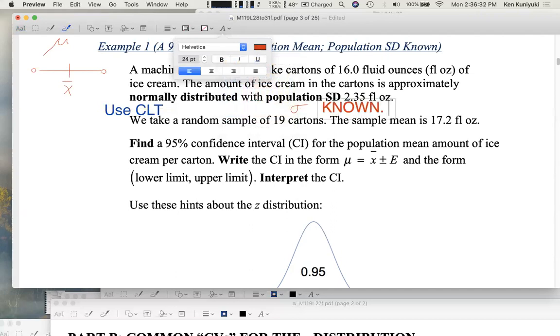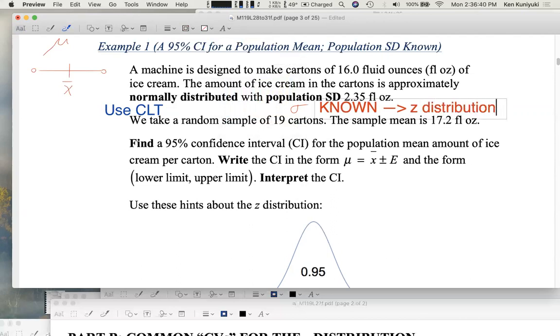Because if sigma is presumed known, then we're going to use the Z table or the Z distribution. Because we want to find a confidence interval for a population mean, we're assuming sigma is known, and the CLT applies. So we're going to use a standard normal Z distribution.